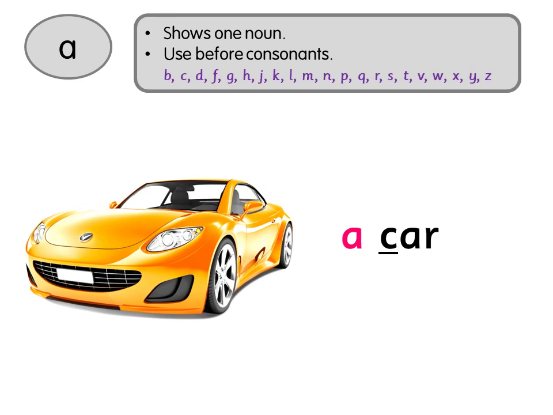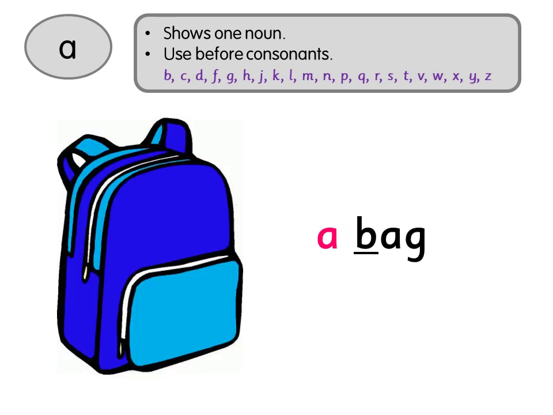Yes, it is k. So you can see one car only. So we can use a car. The next one is a bag. Why do we use a bag? Because it shows one noun and the word bag starts with b.